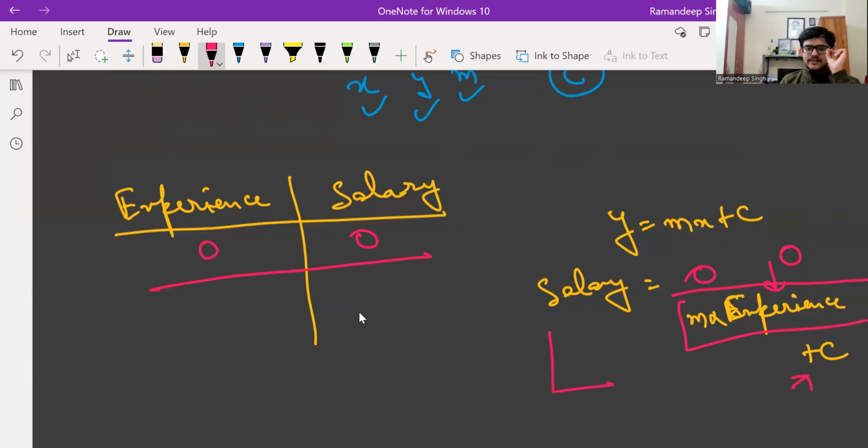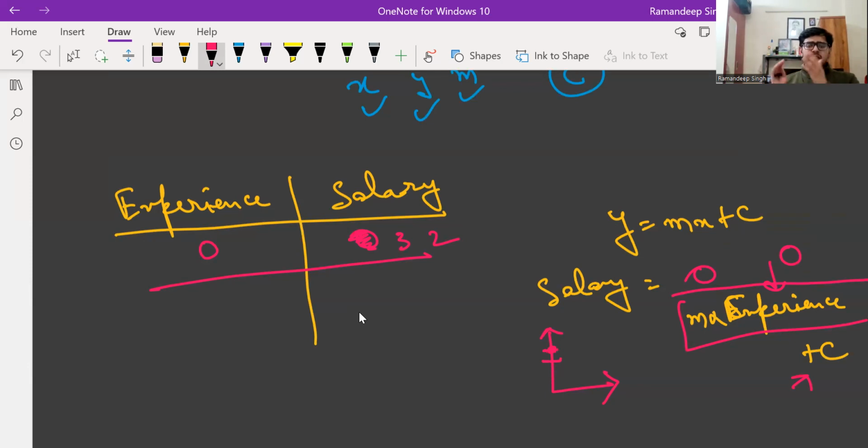This is the y-intercept: even if the experience is zero, there will be some minimum amount which the student will be getting. It might be 3 LPA, or it might be 2 LPA, it could be any number, but there will be a minimum amount. So this is what c is. It is the y-intercept.